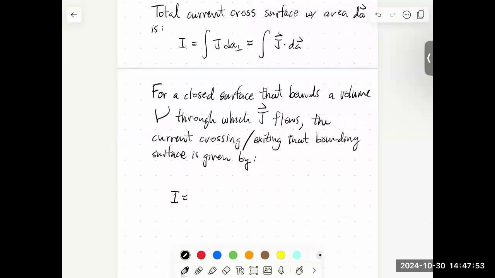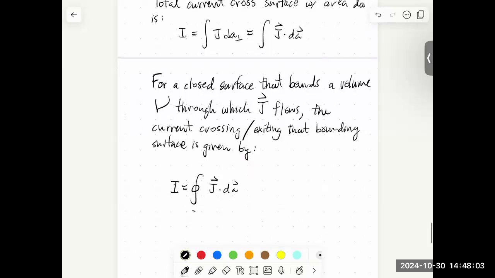And so we could write that as an integral over a closed surface of J dot dA. Okay, and we'll call this surface S.